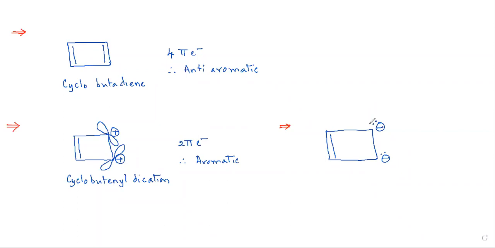Conjugation is possible, you got electrons, it has 6 pi electrons, cyclobutenyl dianion. It has 6 pi electrons, therefore aromatic. Fits into 4n plus 2 with n equal to 1.